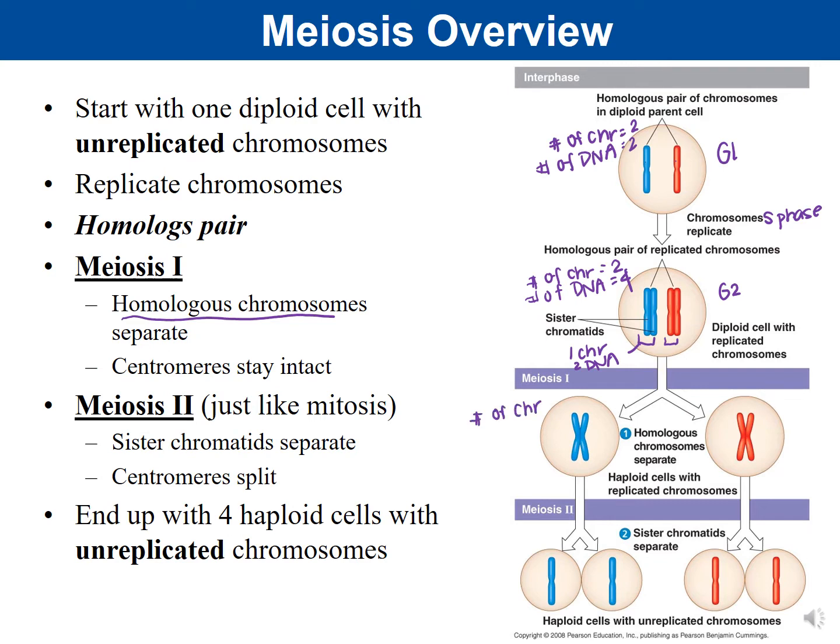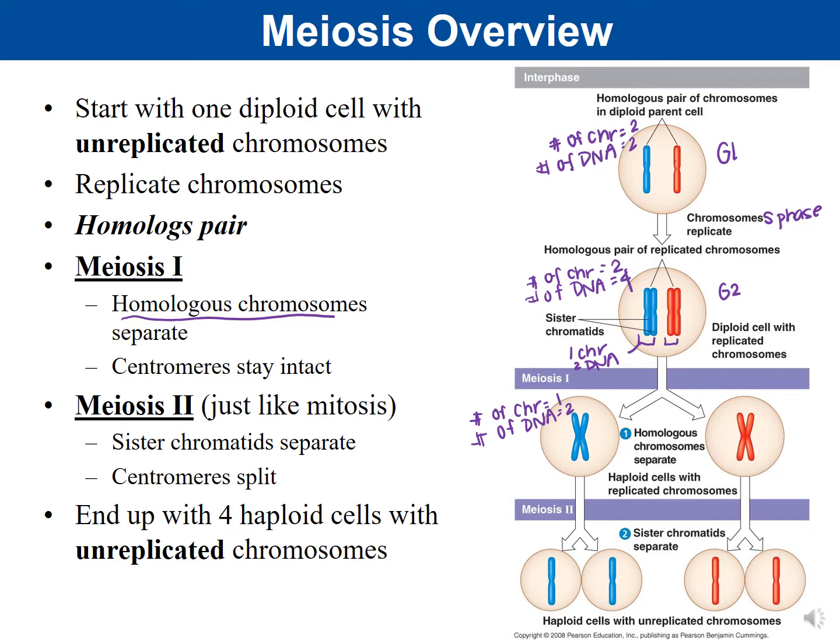The cell has 1 chromosome, but those chromosomes are still duplicated, so number of DNA is 2. So, something to think about.